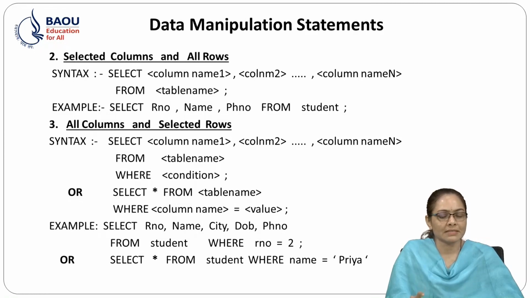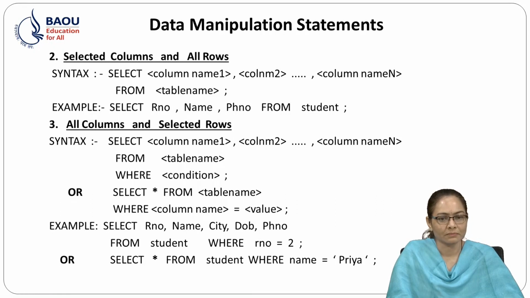So this command is used to display the roll number 2 record. Now here we can also write this command like select star, meaning all the columns, from student where name is equal to Priya. So this command is used to display all the records of Priya.